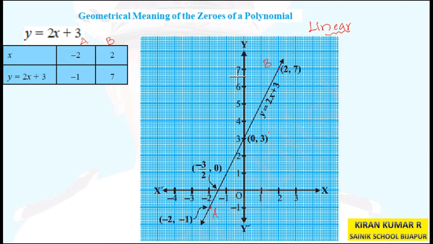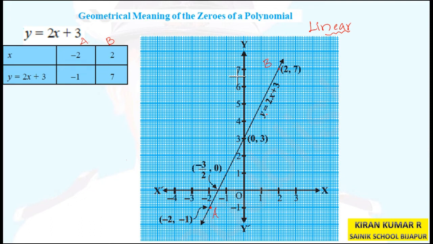What is to be understood here? We have to look at the x-axis. On the x-axis, there is a line intersected by y = 2x + 3.